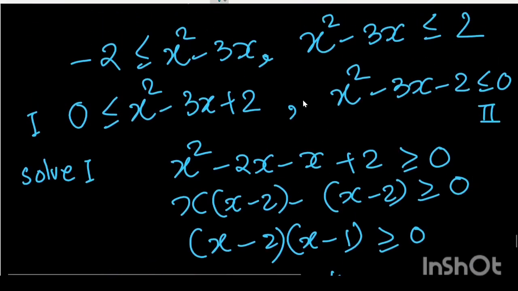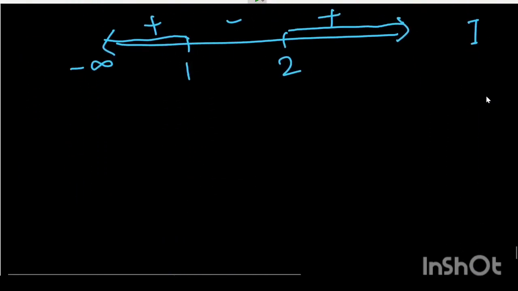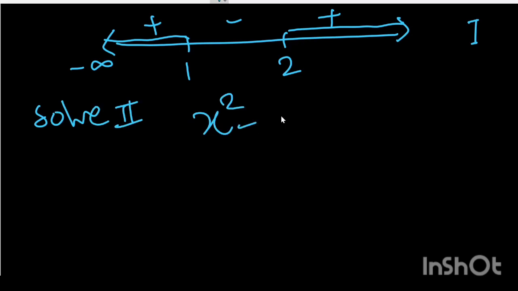Now moving on to the second quadratic, x square minus 3x minus 2 less than or equal to 0. As you will observe, factorizing by splitting the middle term won't be possible.